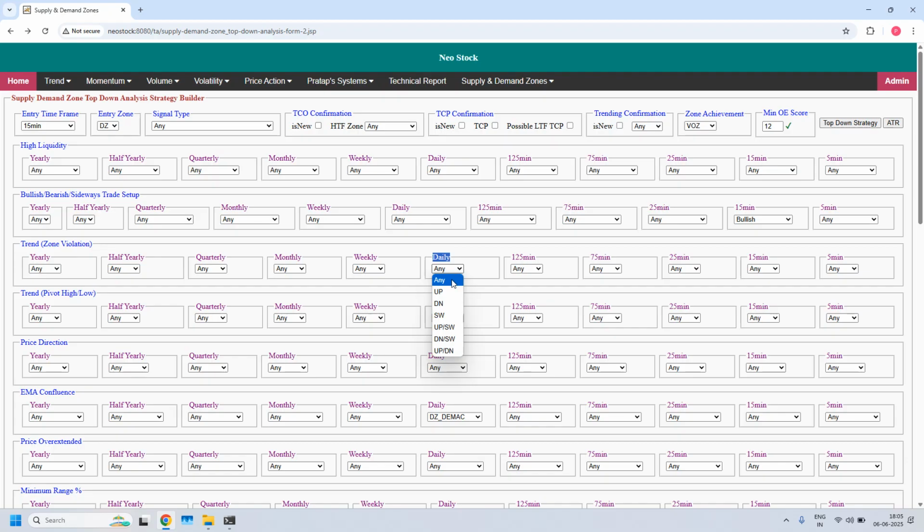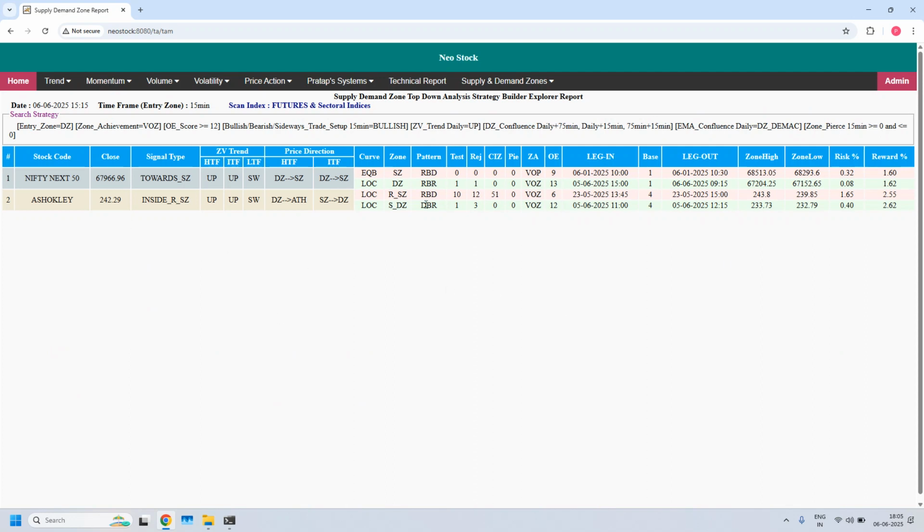It should be downtrend. Sorry, it should be uptrend because it is bullish trade setup. 15 minutes bullish trade setup. So we got 2 stocks. So these two demand zones are having higher probability to get success.